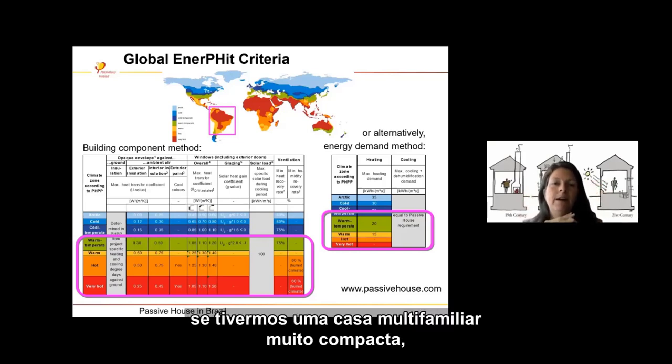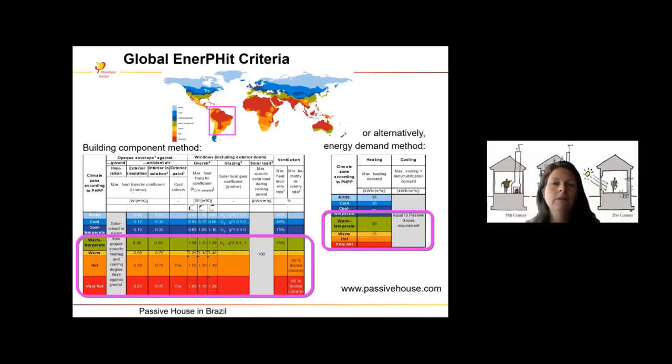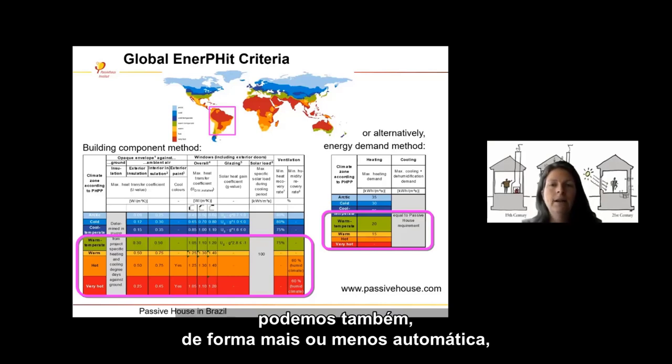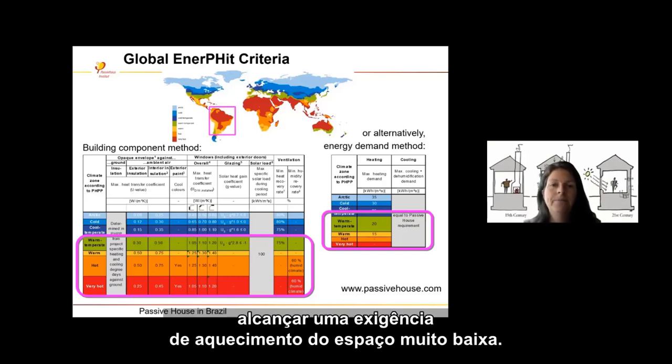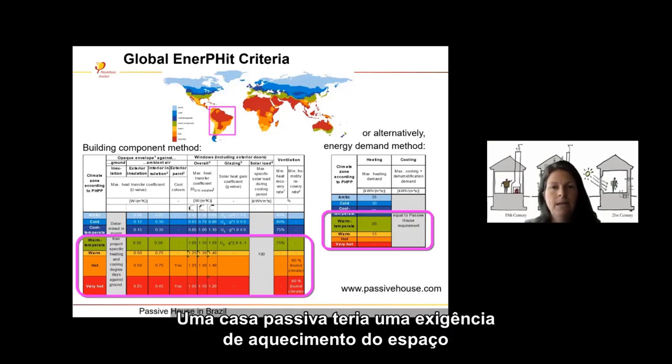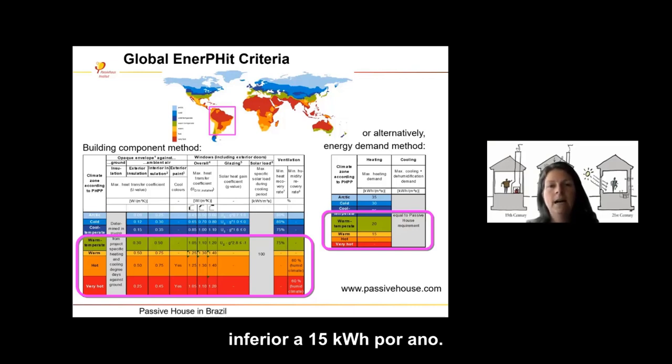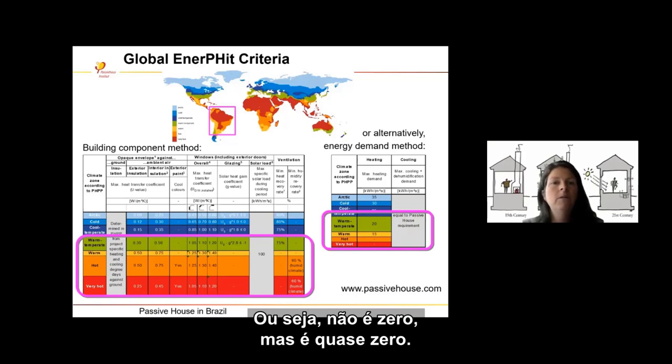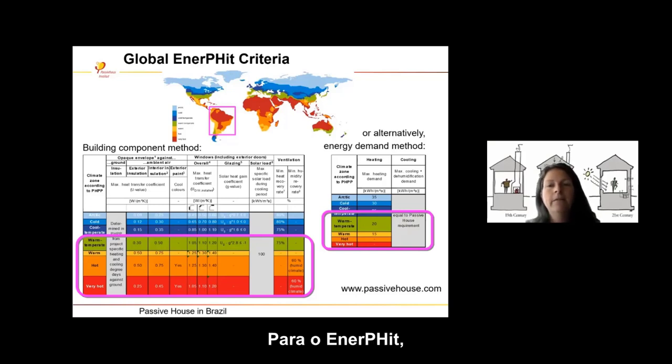If we have a very compact multifamily house, we can also more or less automatically achieve a very low space heating demand. Passivhaus would be a space heating demand below 15 kilowatt hours per square meter and year, so not zero, but nearly zero. And for EnerFit, we allow 25 kilowatt hours per square meter and year.